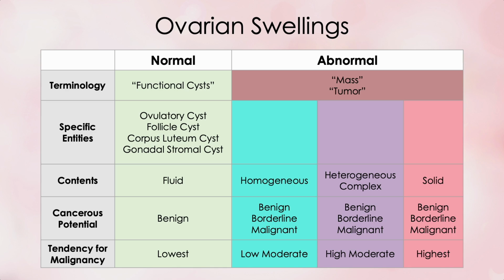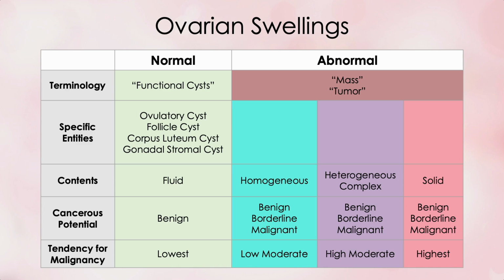Functional cysts for the normal ones, and mass or tumor for the abnormal ones. In the third row, you see the four specific entities I described for the functional cysts: ovulatory cyst, follicle cyst, corpus luteum cyst, and gonadal stromal cyst.